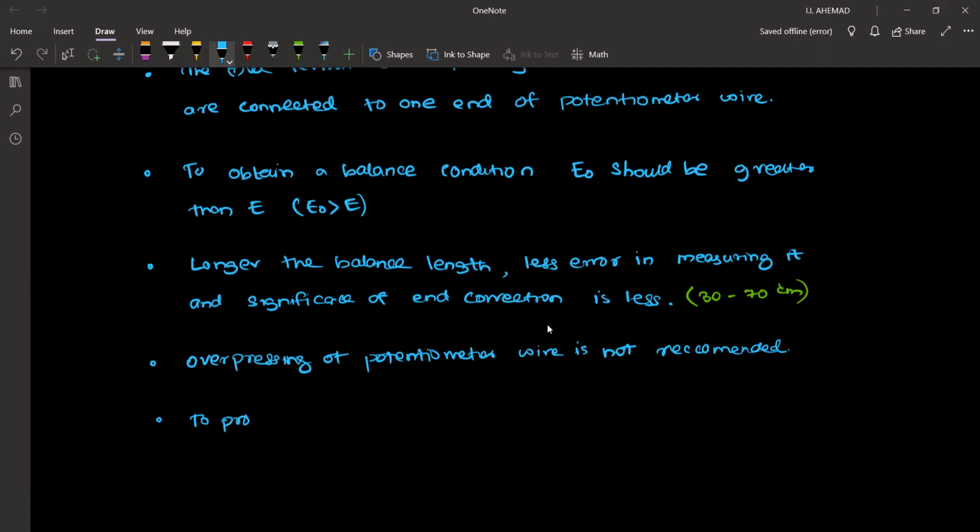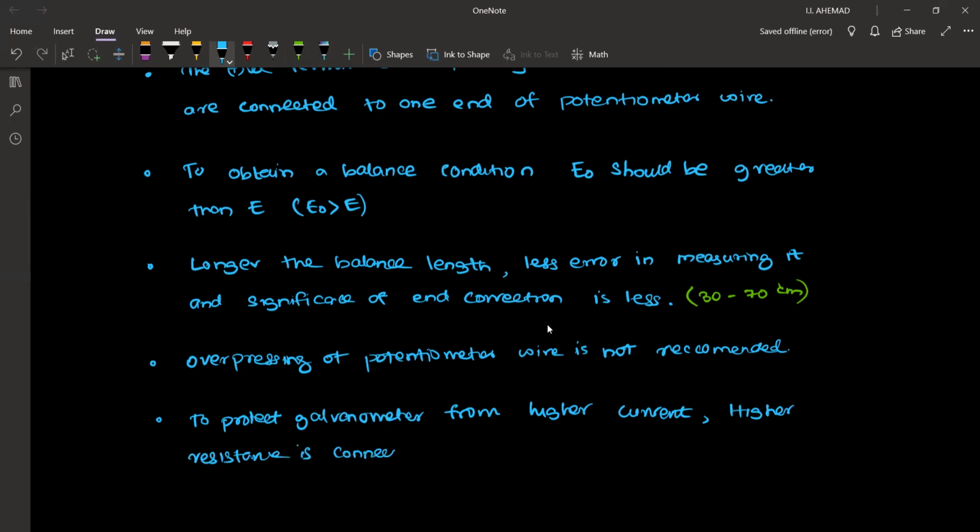To protect the galvanometer from higher current, a higher resistance is connected in series to it.